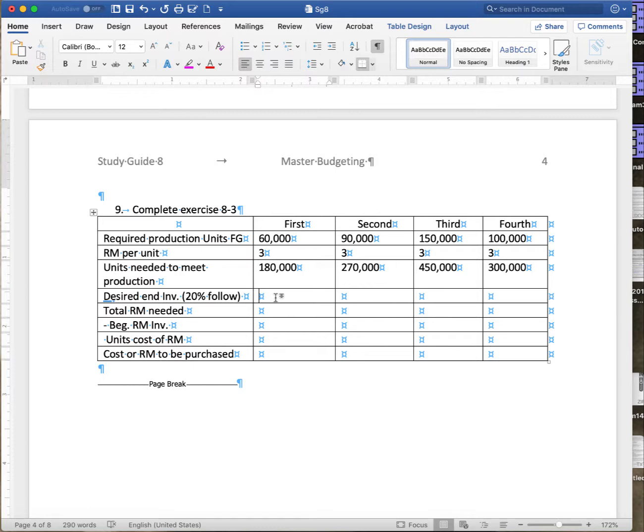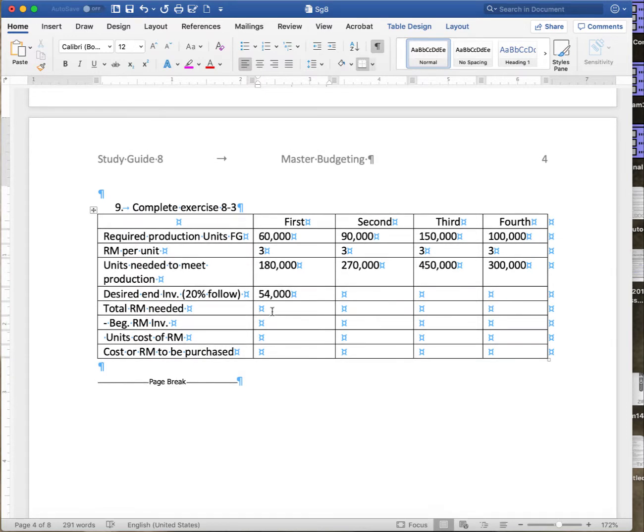That gives me 54,000 units. So my total needs then are my 180,000 plus my 54,000. I need a total of 234,000 units. The problem tells us, hey, you started beginning raw materials inventory with 36,000 grams of musk oil. Okay, so I'm going to subtract that.